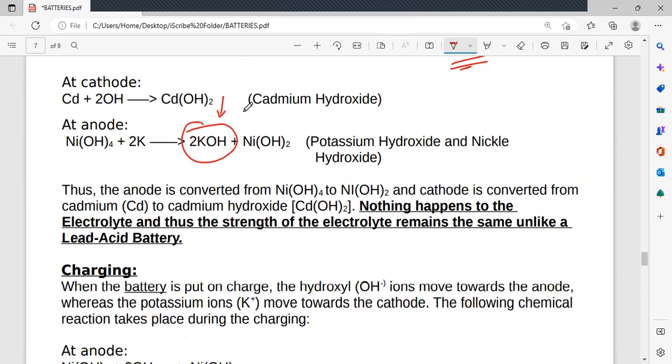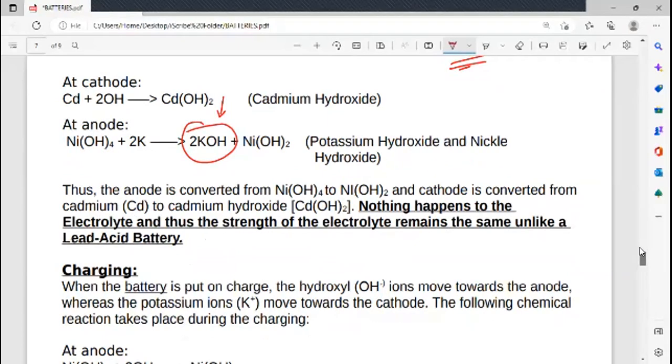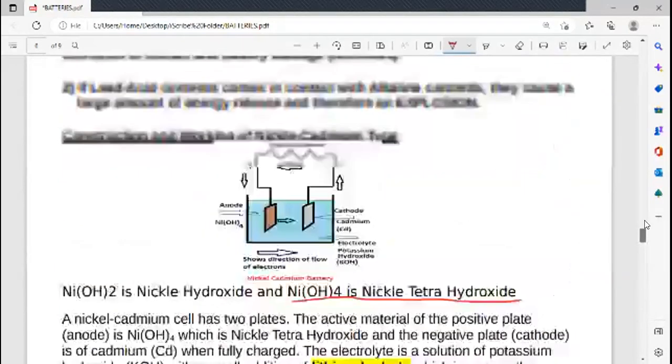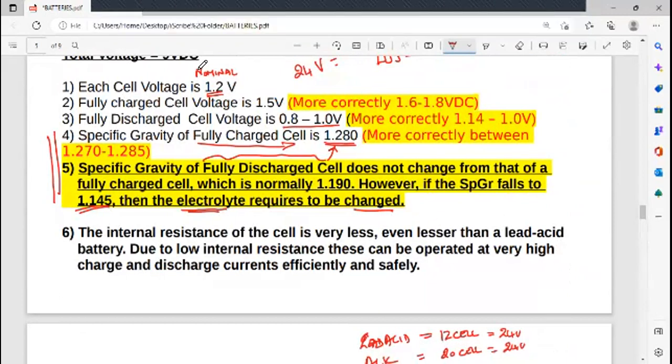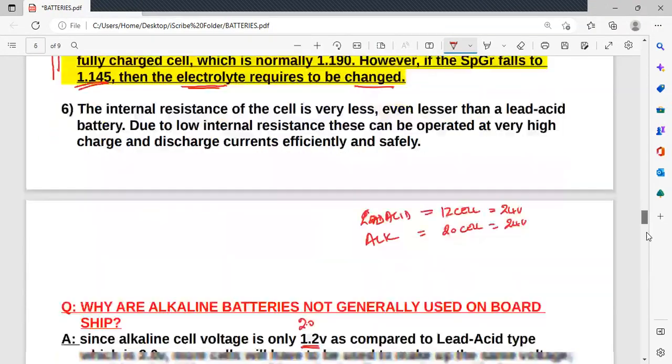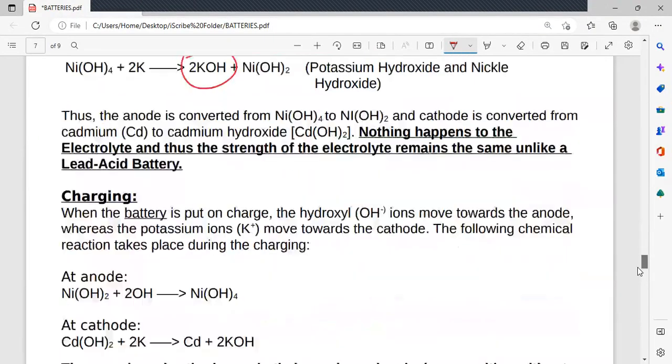Here, your cathode and anode are changing, and because they have changed from the original, cadmium and nickel tetrahydroxide, your voltage also drops. What is the voltage dropping to? We saw from those parameters, if it is fully discharged, it drops to 0.8 to 1 volt from 1.2. Nothing much, but still a drop nonetheless. So that was your discharging.